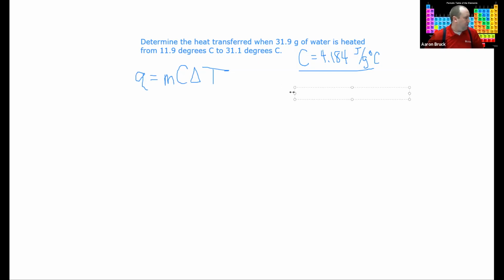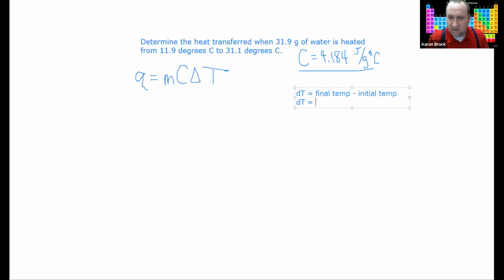For delta T, remember that delta anything is just the change of value for it. So the value of delta T is equal to the final temperature minus the initial temperature.